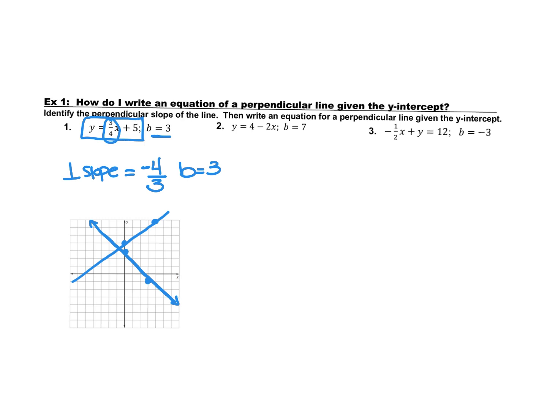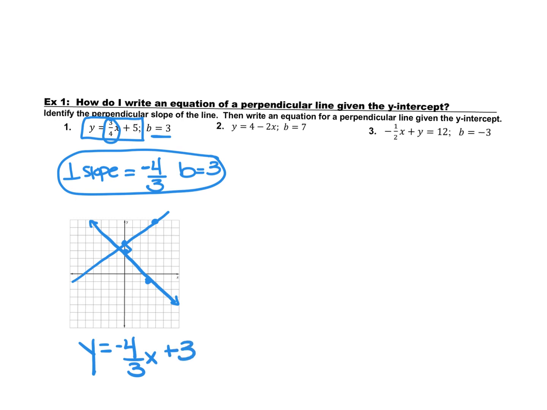Notice that if our lines were straighter it'd be more exact, but we have a right angle there. So our new equation of this line, using the slope of -4/3 and a y-intercept of 3, is y is equal to -4 all over 3 x plus 3.